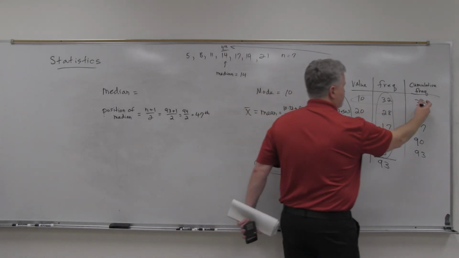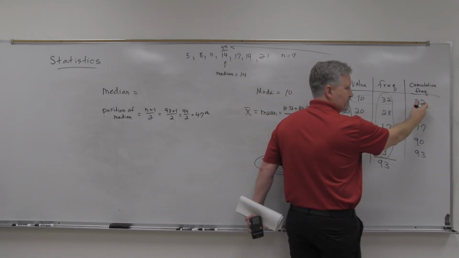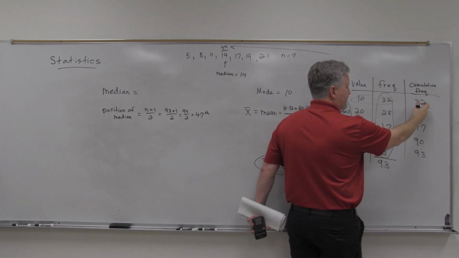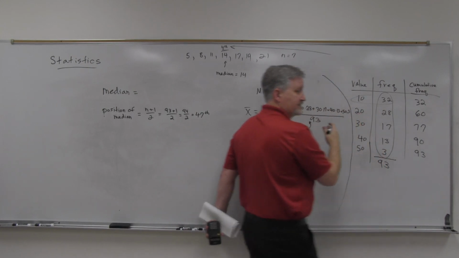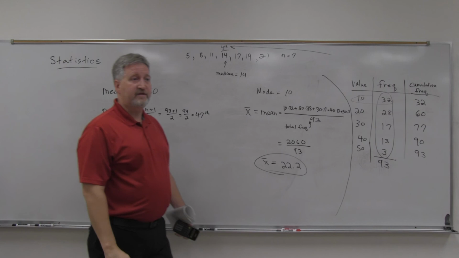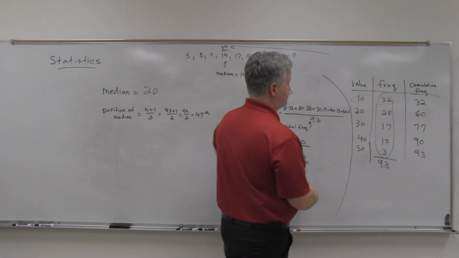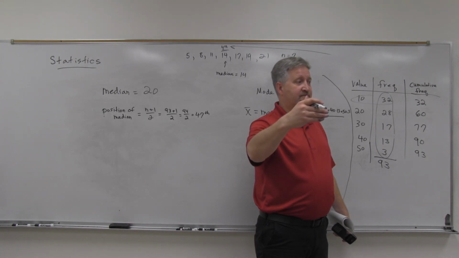Well, the first 10s are up to the 32nd slot, right? And then from 33 to 60, you've got 20s. So what's the 47th? Is it 20? 20 would be in the 47th slot because the 20s run out to the 60th position.